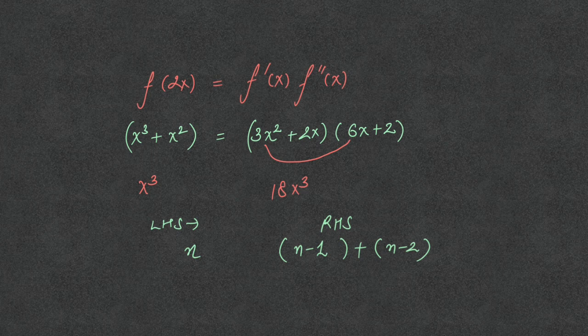And since this is an equation, the degrees will also be equal. Like in this example, degree 2 and degree 1 get added and give us 3.